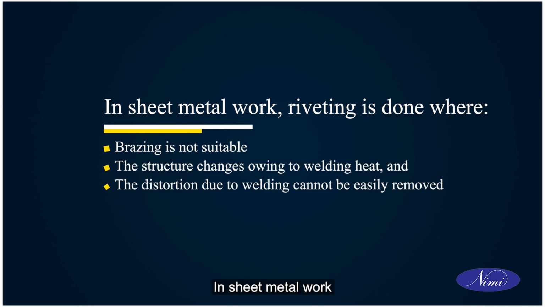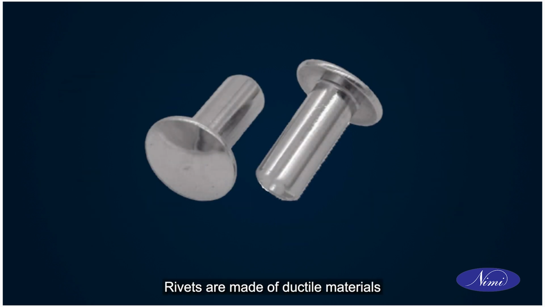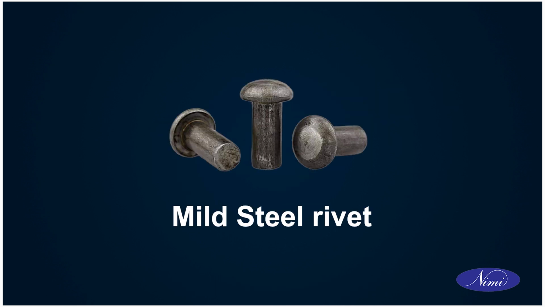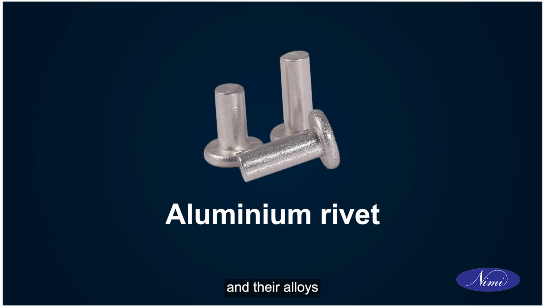In sheet metal work, riveting is done where brazing is not suitable, the structure changes owing to welding heat, and the distortion due to welding cannot be easily removed. Rivets are cylindrical rods having heads of various shapes. Rivets are made of ductile materials like low-carbon steel, mild steel, brass, copper, aluminum, and their alloys.